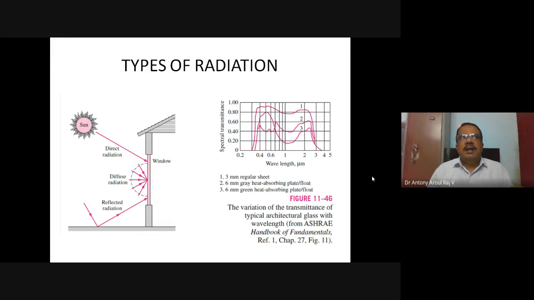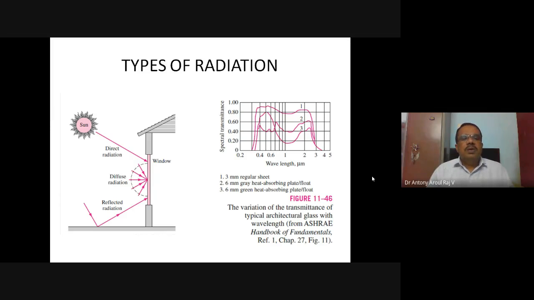If direct radiation enters the house through the glass, it will undergo multiple reflection inside the room from whatever objects are there. Because of that, the short wavelength is converted into long wavelength, or in other words, the high energy state is converted into a low thermal energy state.